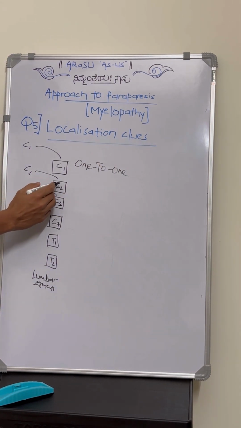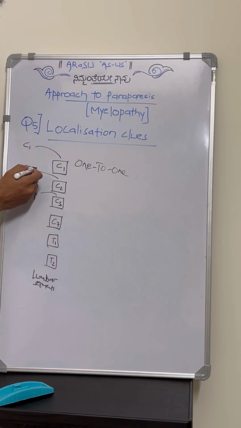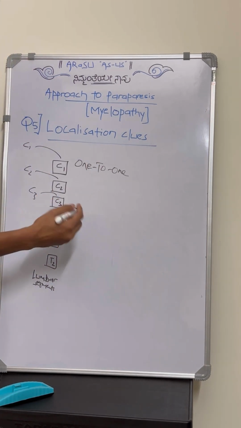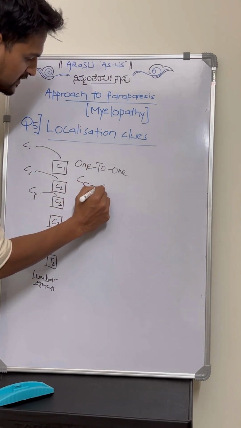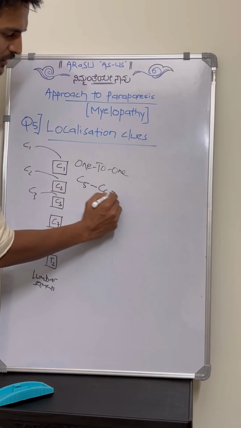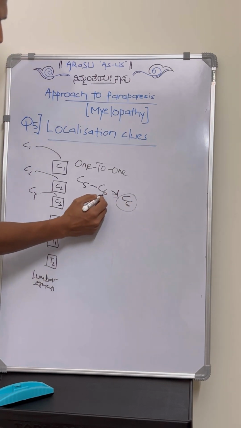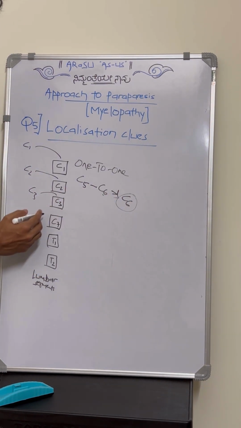Whenever there is a lesion in these cervical vertebrae, the highest number of nerve will be damaged. For example, if there is any lesion between C5 and C6 vertebrae, the nerve which is involved will be C6, the highest one. As we come down, C3, C4, C5, C6, then C7 here, and the C8 nerve will come out here.